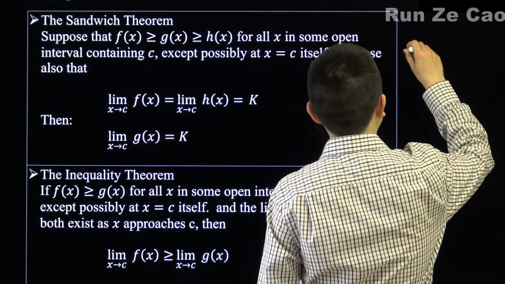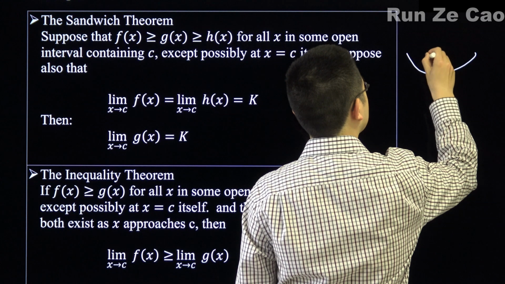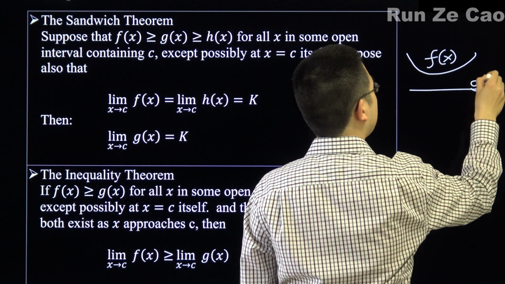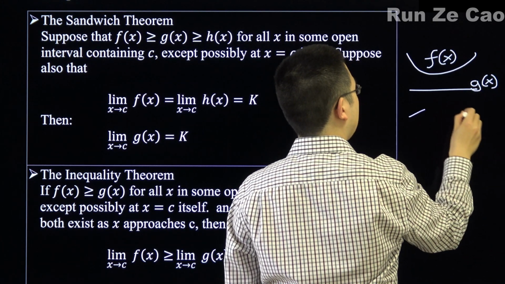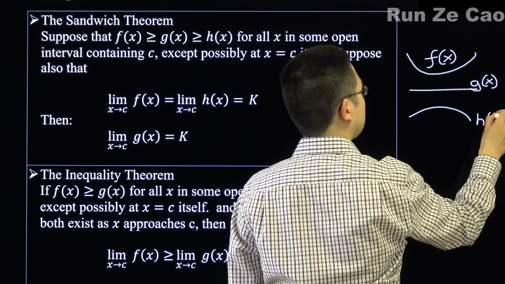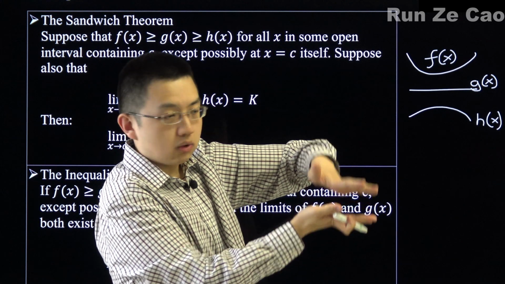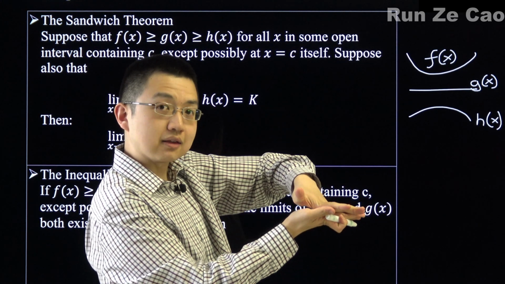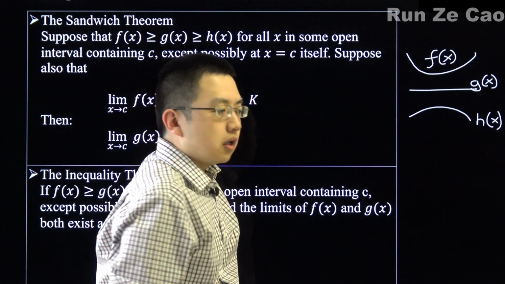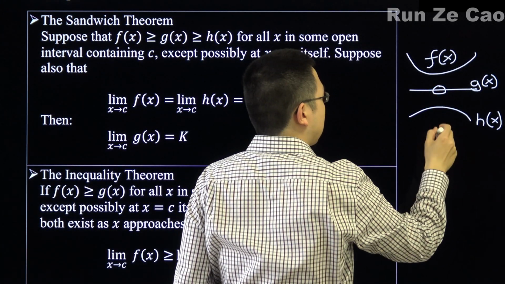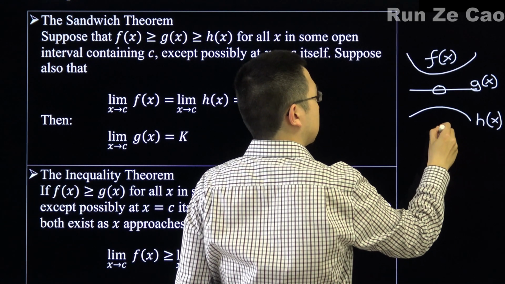So say f of x, g of x and h of x. What happens when we pinch f of x and h of x together? Well, g of x gets squished in between. So, except maybe at x equals c itself.